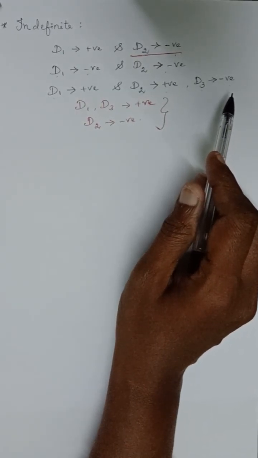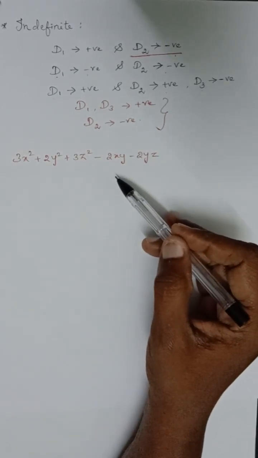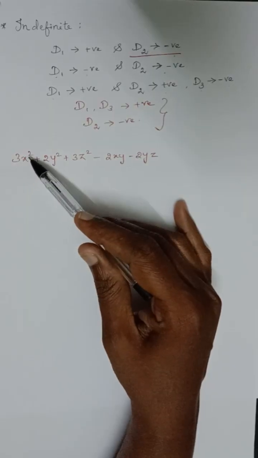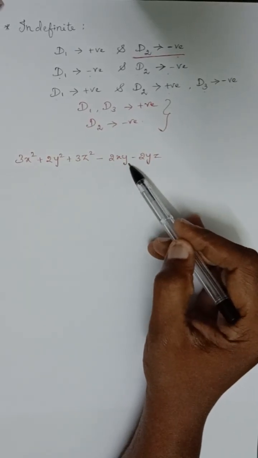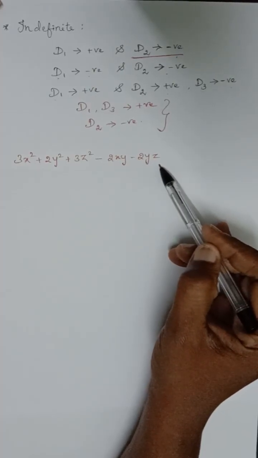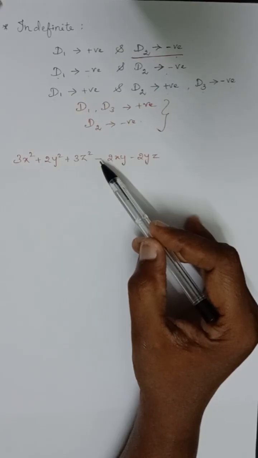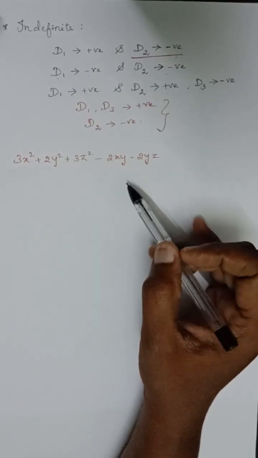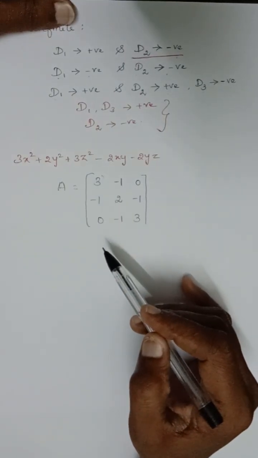Okay, so now we see one example. I will take the quadratic form 3x square plus 2y square plus 3z square minus 2xy minus 2yz. In that quadratic form, first we have to create the matrix. Here 3, 2, 3 are the principal diagonal.